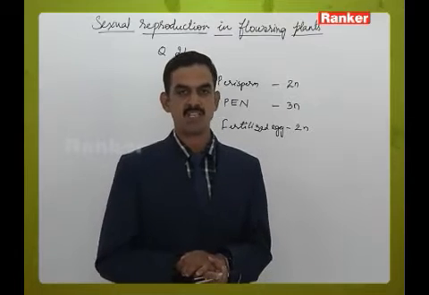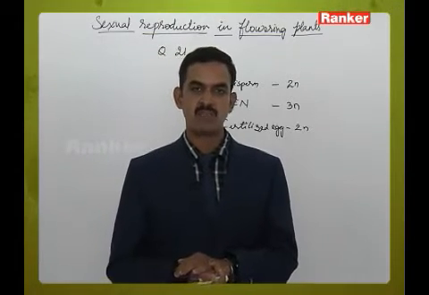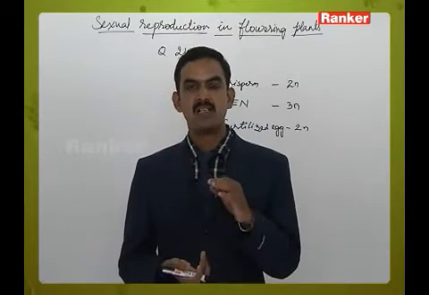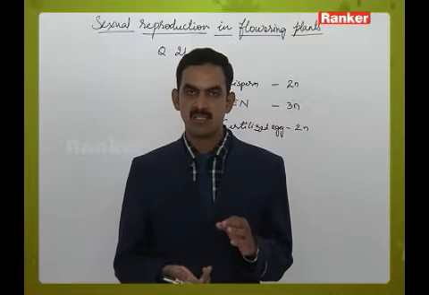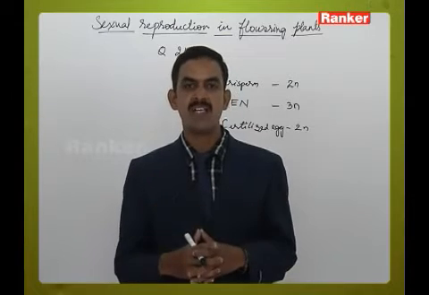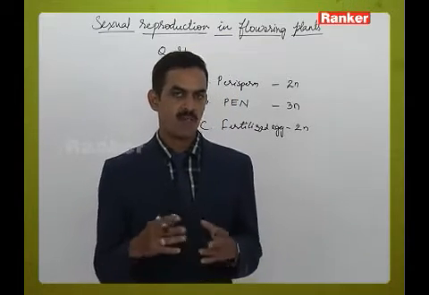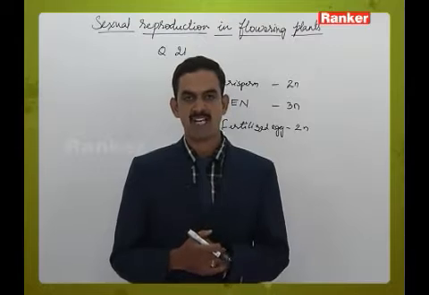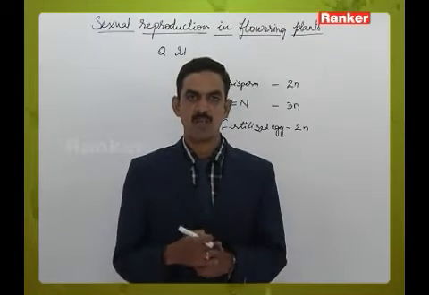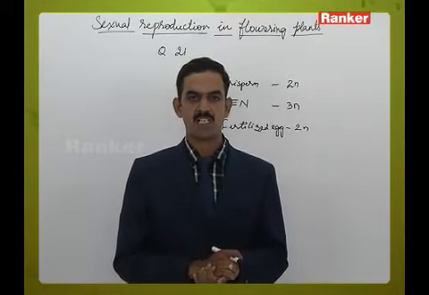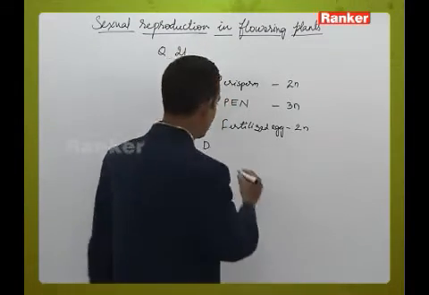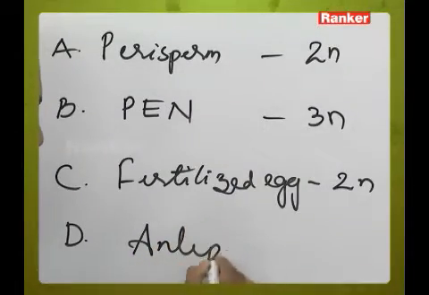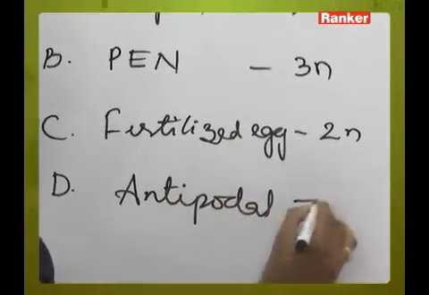And each antipodal cell in that group of three will be haploid, because they are formed as a result of meiotic division of the megaspore mother cell. So antipodals are haploid.